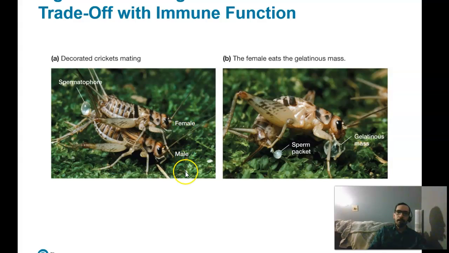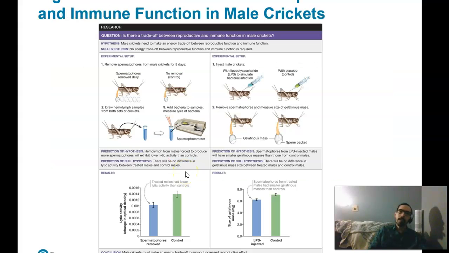So what they looked at was if the energy dedicated to the reproductive output affected the immune system of the cricket, or of the crickets. They looked at more than one.